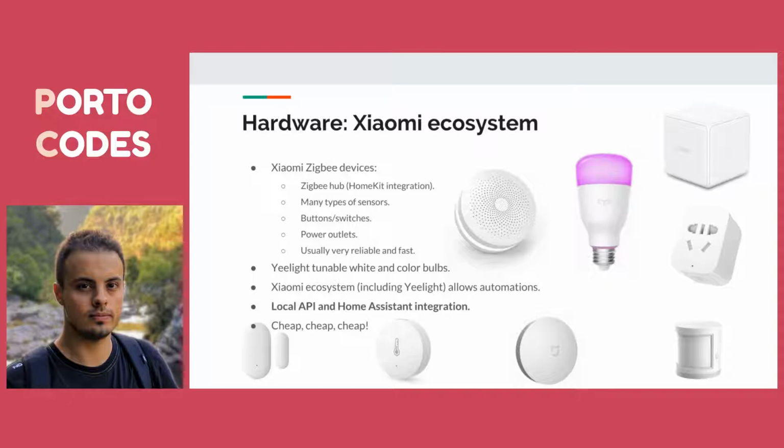So if you want to start and you don't want to spend a lot of money, go this route. The hub, you can buy it for 20 euros, I guess, which is cheap for a home automation hub. These sensors: this is a door sensor, a temperature sensor. That is a button, it's about this size. You can put it on a table to do things.